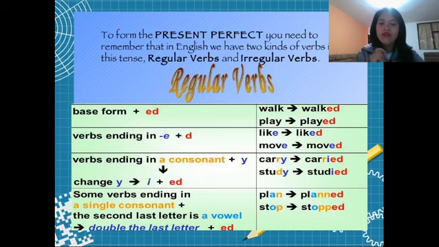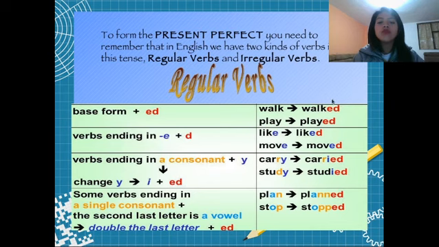First of all, the regular verbs. How are we going to transform regular verbs into past participle form? This is the way. We are going to use the same rules as for the past simple, right? For example, we have to use the base form of the verb plus ed. Like walked, walked, play, played, right?